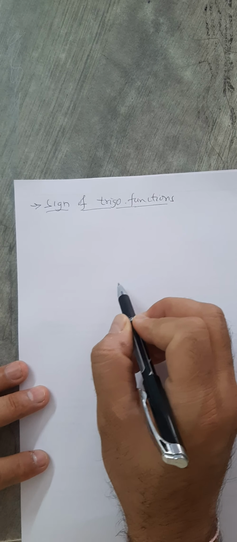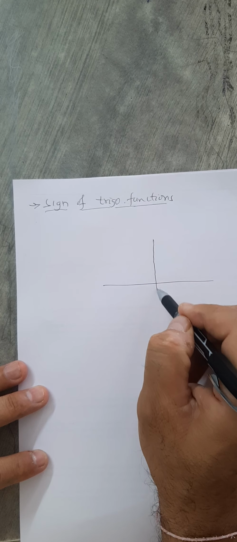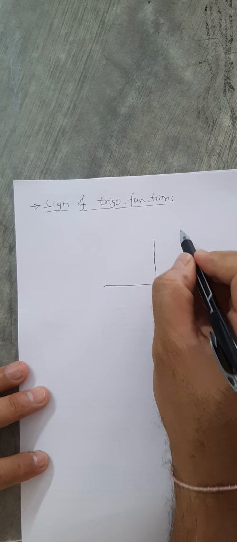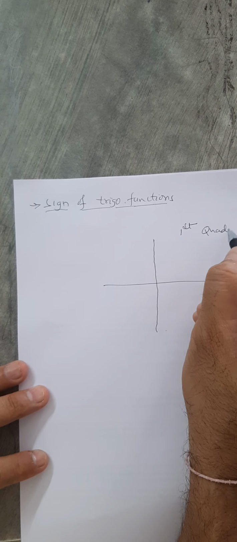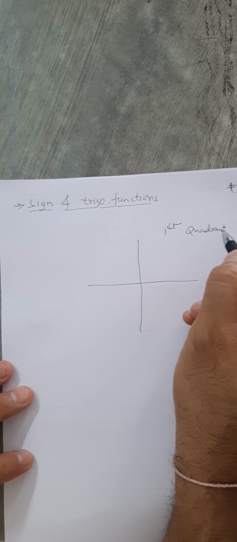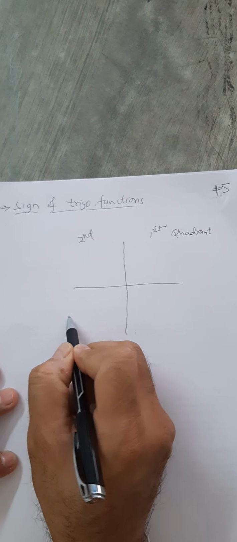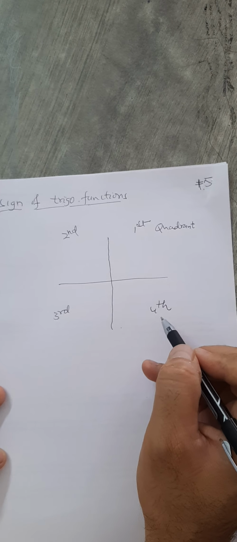Trigonometric functions mainly depend on the unit circle, so I'll consider the unit circle. You have these 4 quadrants. This is the first quadrant. This we know. This is the second quadrant. This is the third quadrant. And this is the fourth quadrant. This much we know.